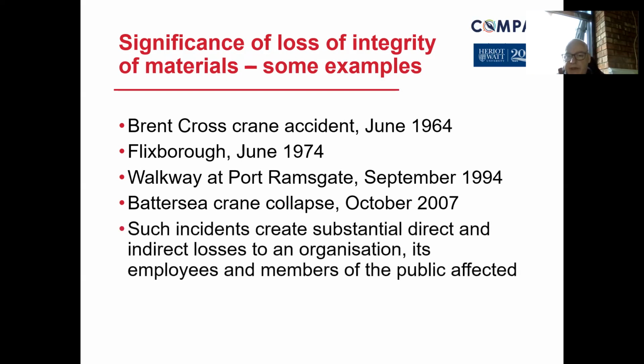These incidents create substantial direct and indirect losses. Obviously, you've read through these, and I would have heard of them in the past, but those losses impact the organisation financially and reputationally, as well as putting it in the eye of the HSE and enforcers. Its employees and members of the public were affected.